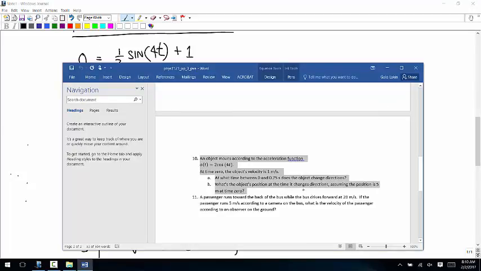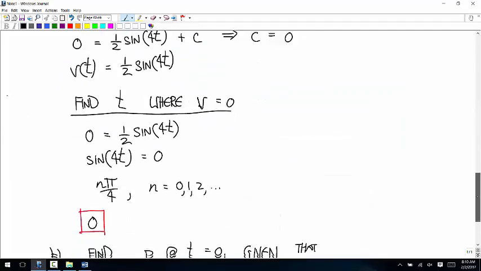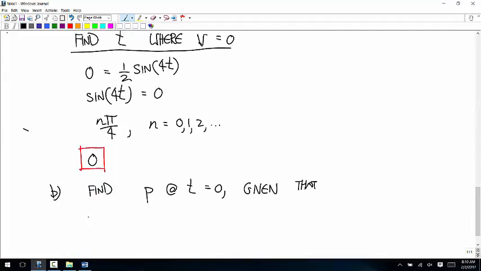Assuming its position is 5 meters at time 0. So given that at time equals 0, position equals 5 meters, well, since it turns out that the instant we're looking for is time equals 0, the position is 5 meters.